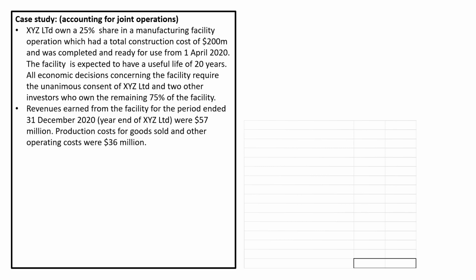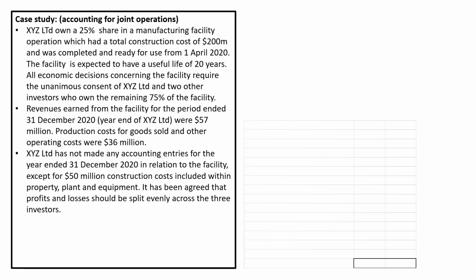Revenues earned from the facility for the period ended 31st of December 2020, which is also the year end of XYZ Limited, was 57 million. Production costs for goods sold and other operating costs were 36 million. XYZ has not made any accounting entries for the year ended 31st of December 2020 in relation to the facility except for the 50 million construction cost included within property, plant and equipment.